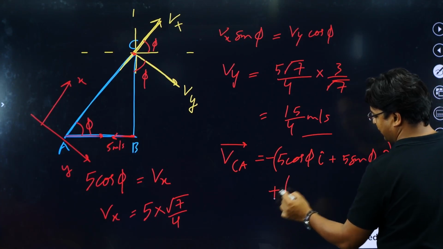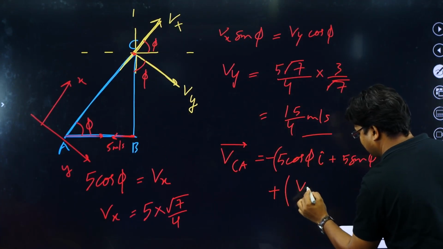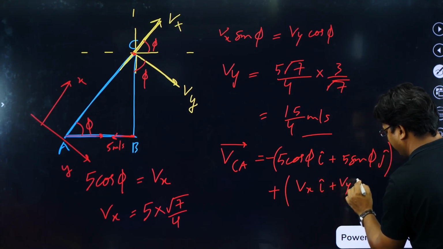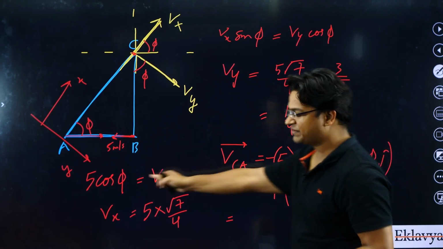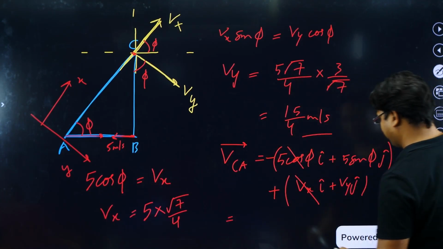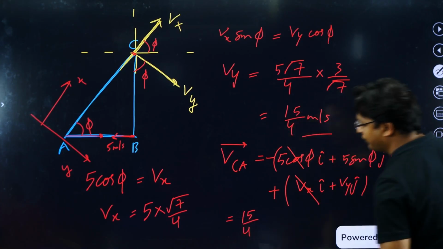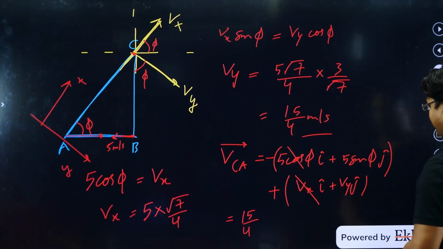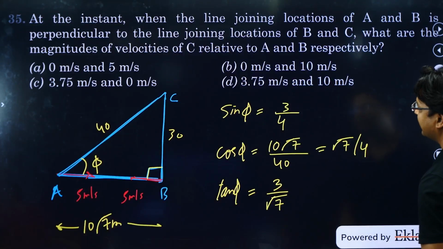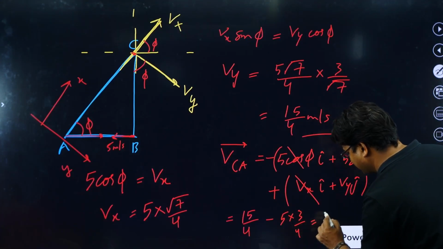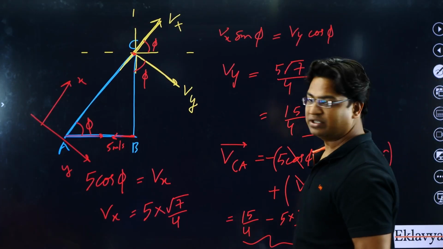And velocity of C would be Vx i cap plus Vy j cap. You can notice that this Vx will get cancelled because Vx was same as 5 cos phi. So we will be left with Vy. Vy is 15 by 4, minus 5 sin phi. How much is sin phi? 3 by 4. So that's 0. So velocity of C with respect to A is 0.